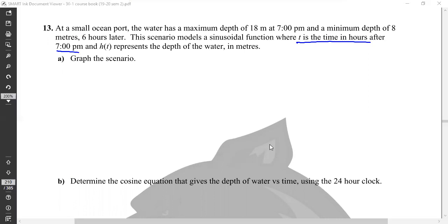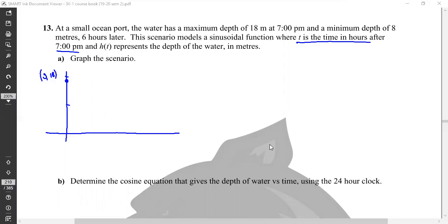And let's graph this. We have a maximum depth of 18. Our minimum depth is 8. And so if I'm graphing it like this, say there's 18. If I have a scale of every 10, then this ends up being 0, 18.